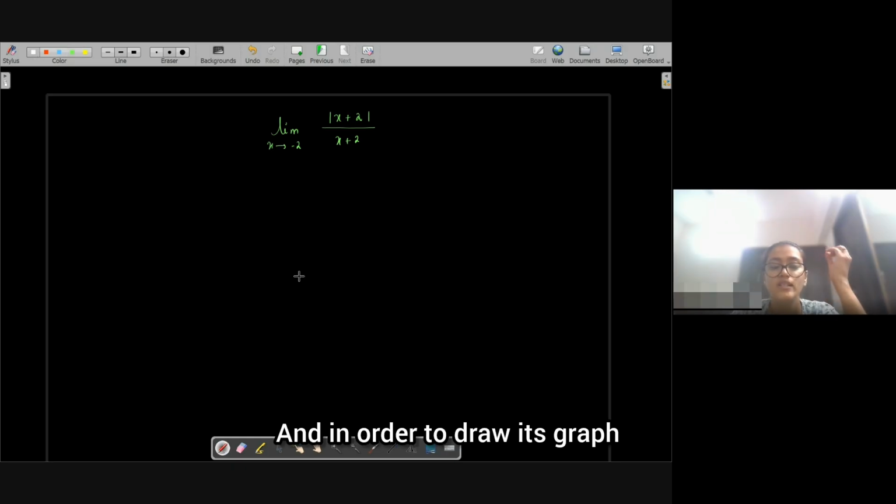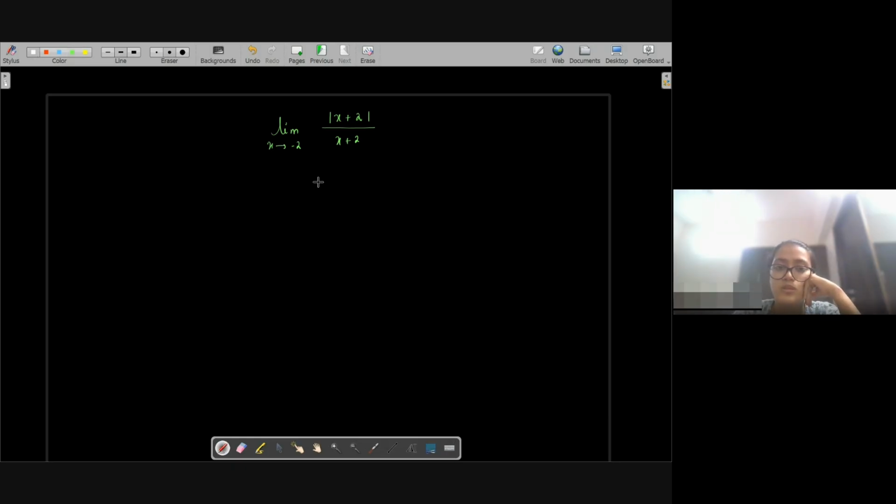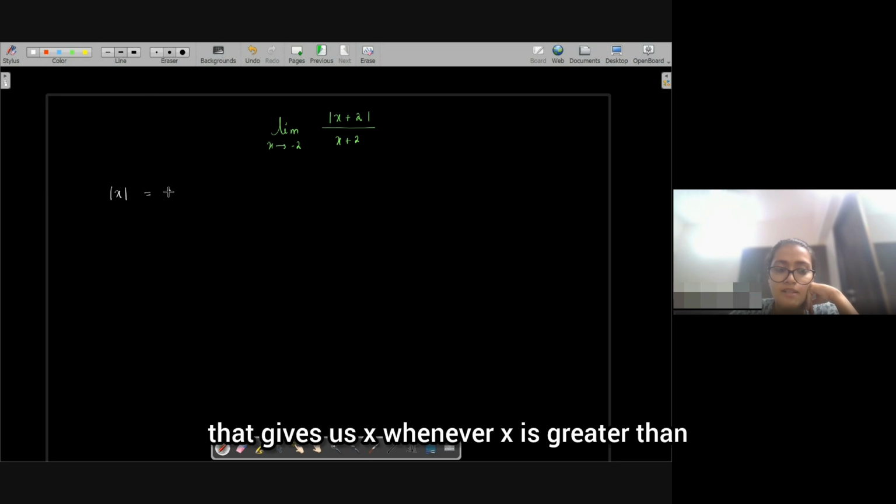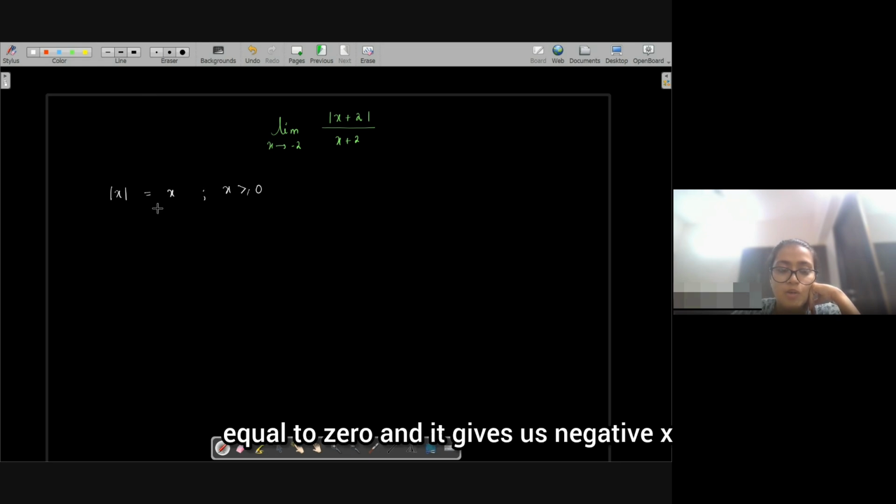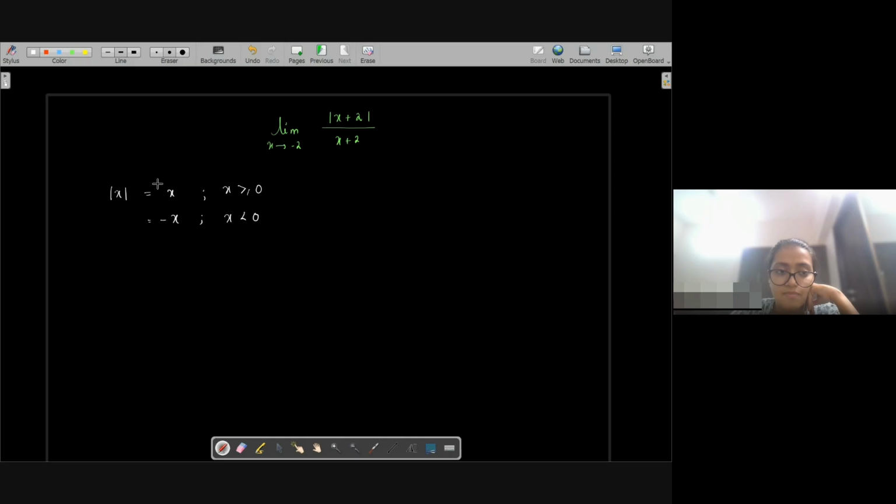And in order to draw its graph, we'll have to simplify it. So you know the absolute value function gives us x whenever x is greater than or equal to 0, and it gives us negative x whenever x is less than 0. That is the definition of the absolute value function.